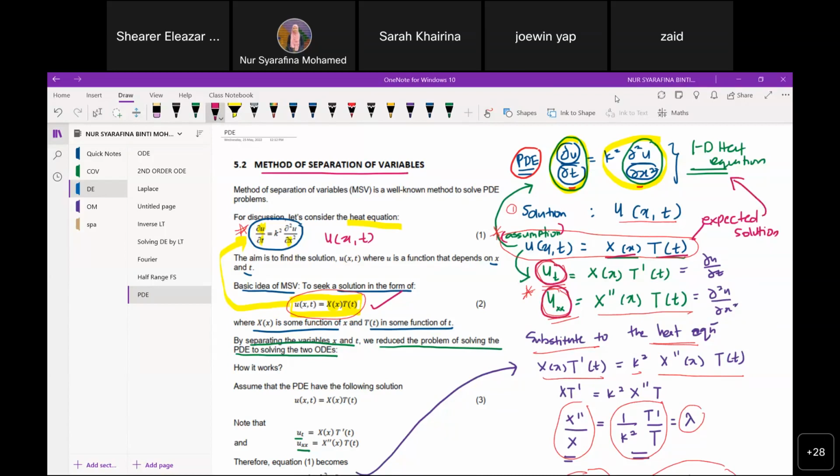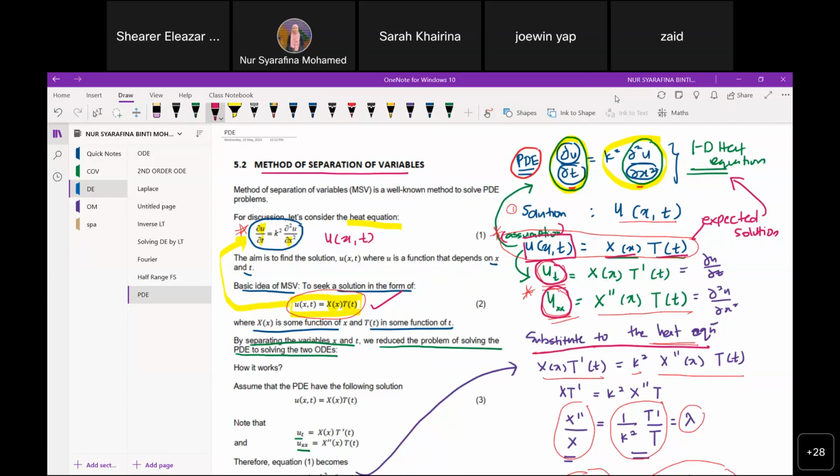We just differentiate this u(x,t) according to the PDE, so you should have u_t and u double x. Just differentiate X T here: u_t becomes X T prime, and u double x becomes X double prime T. Once you obtain these, you just substitute into the heat equation.